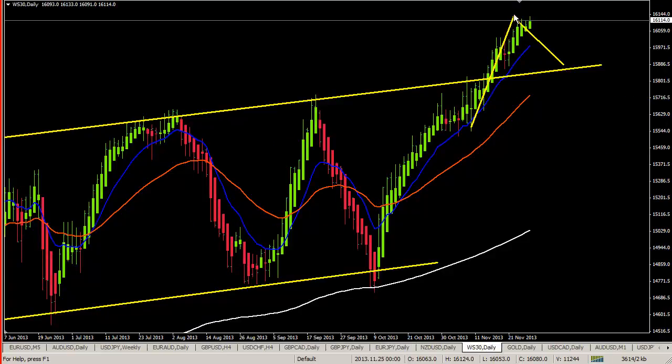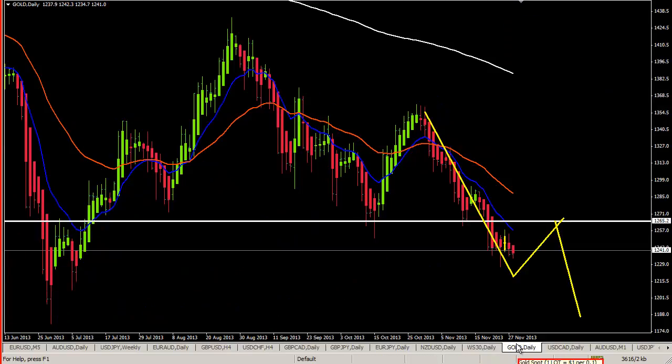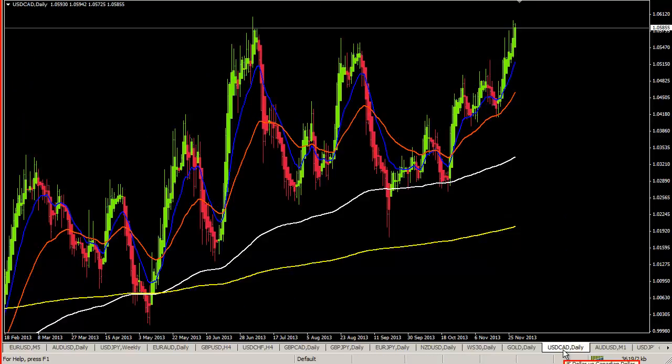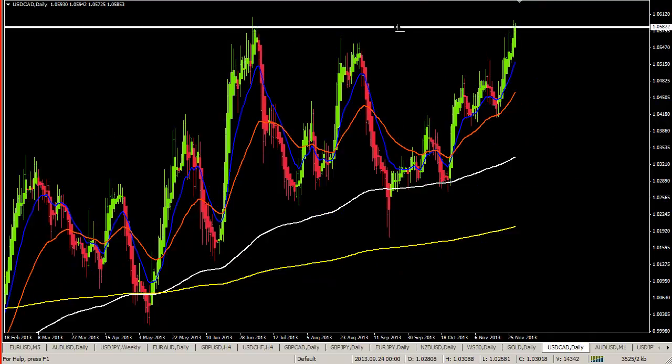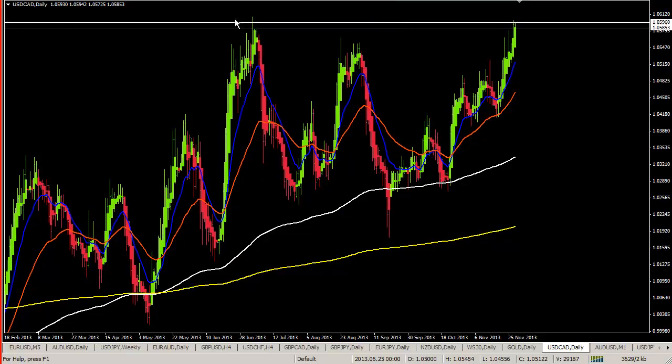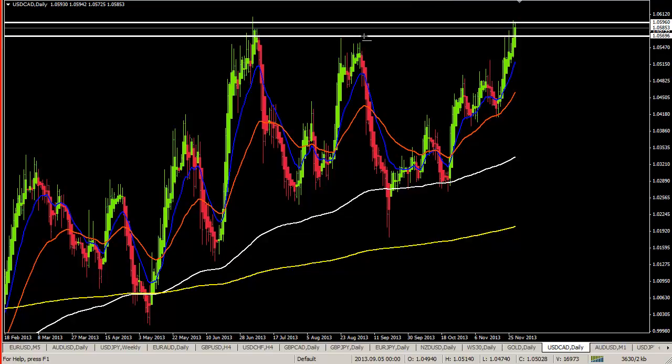Again, since yesterday we're expecting a retracement here, but even as the Dow moves higher, it did not retrace in the end. Gold, the daily 1, 2, 3 we are waiting for, nothing yet. USD Canadian dollar, I don't know why I always look at this pair. If you look at it right now, it's really hitting major resistance, and it has done that for a couple of days already.